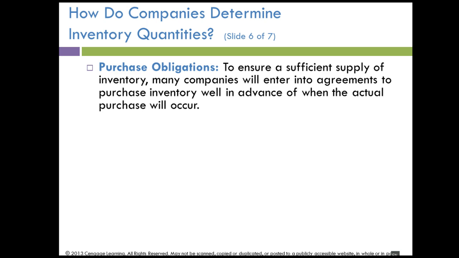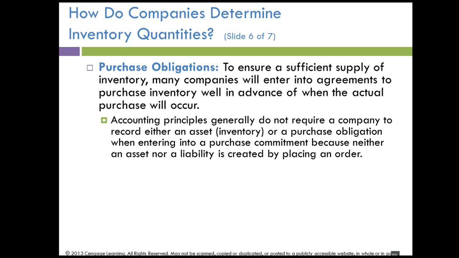There are sometimes what we know as purchase obligations. Sometimes companies enter into agreements with sellers so that they have planned to purchase so much inventory, and the inventory has been set within a contract, and even though they've agreed to purchase inventory, they have not actually received those products at the time.